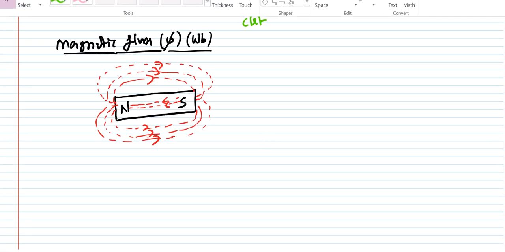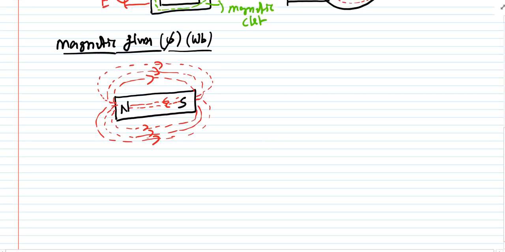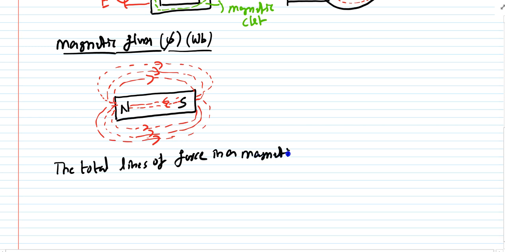How can you define magnetic flux? It is nothing but the total lines of force in a magnetic circuit, which is called the magnetic flux.